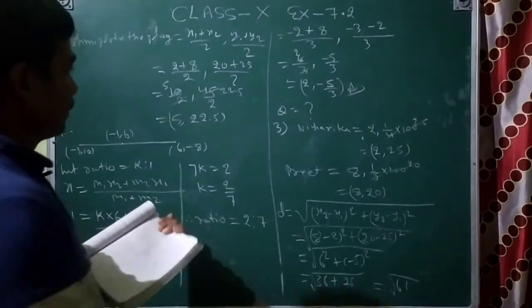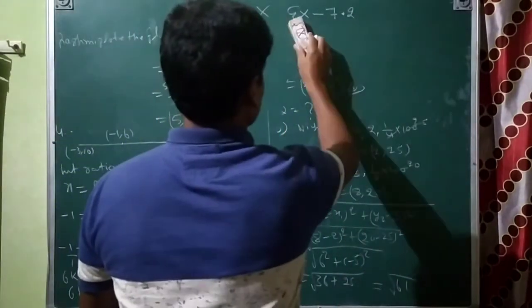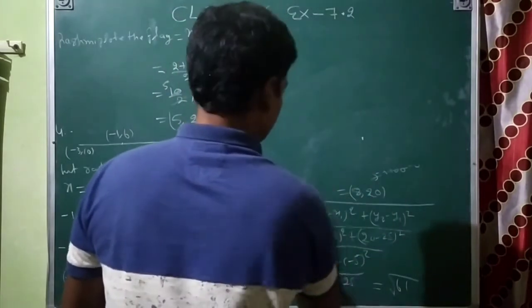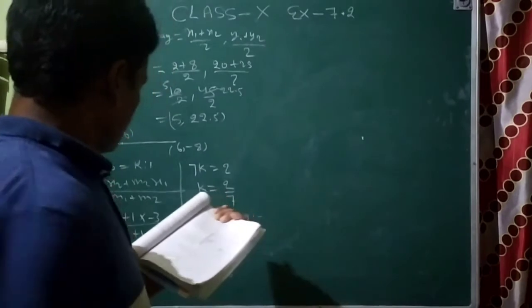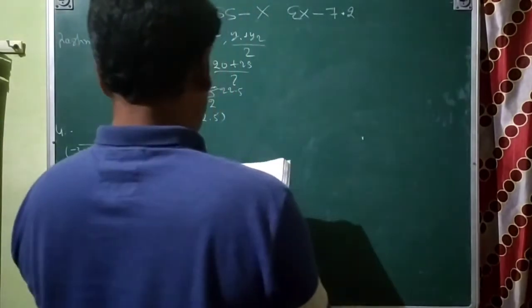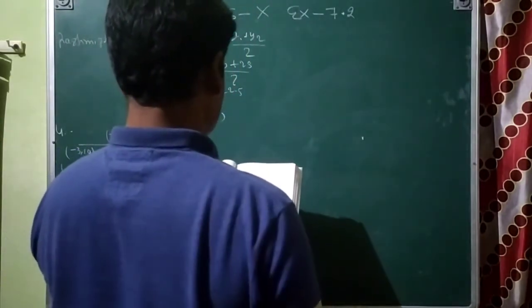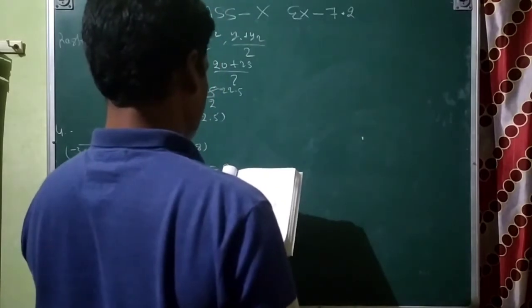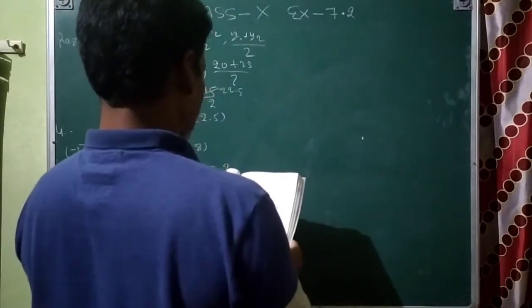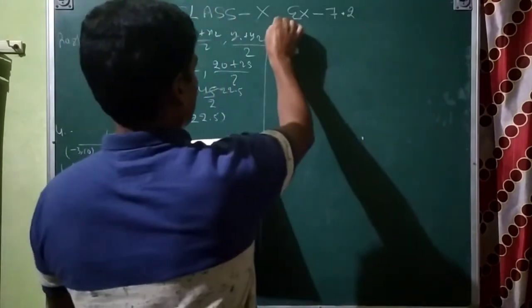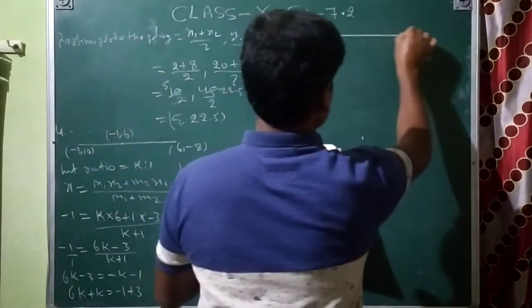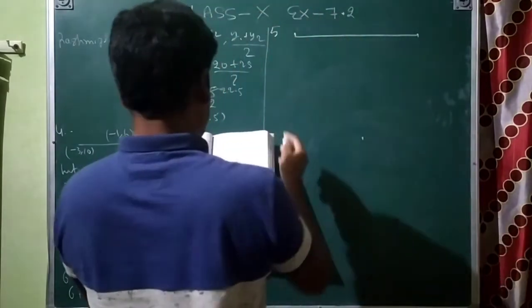And then the fifth question. Find the ratio in which the line segment joining A(1, -5) and B(-4, 5) is divided by the x axis. What is the meaning of x axis?